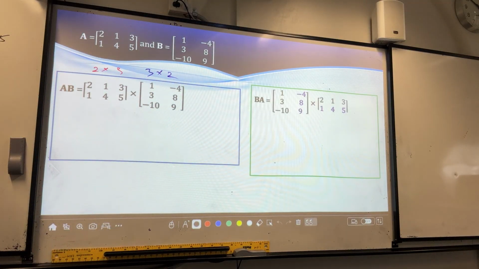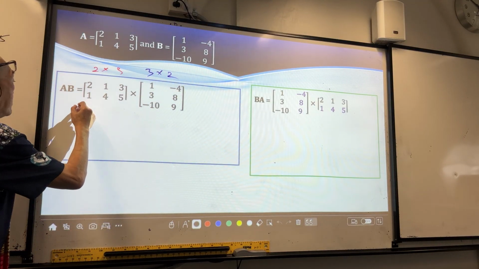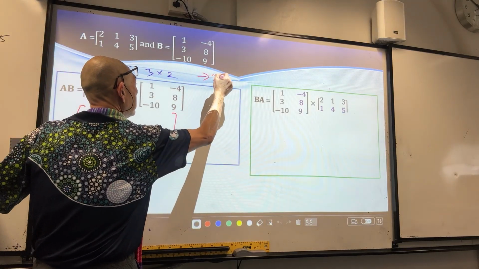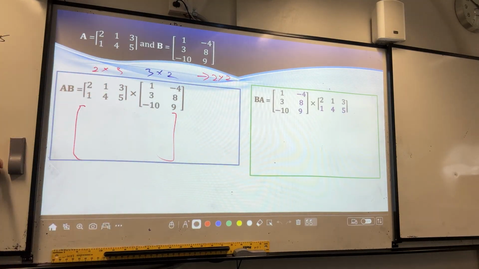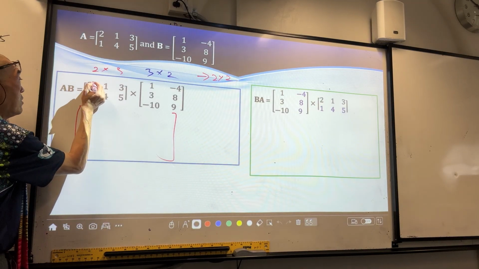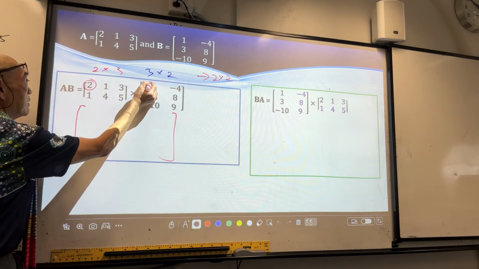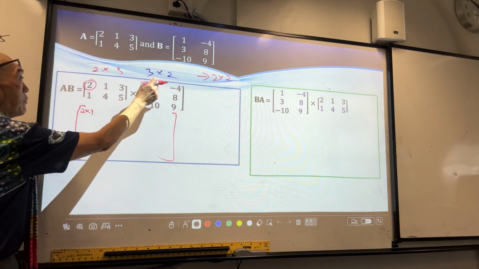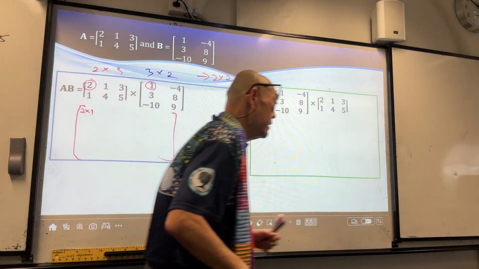So we know we are going to end up with a matrix of 2 by 2. So go back and think about what I said just now. I'm going to use this to multiply by this. 2 times 1. Rows times column. And then next.